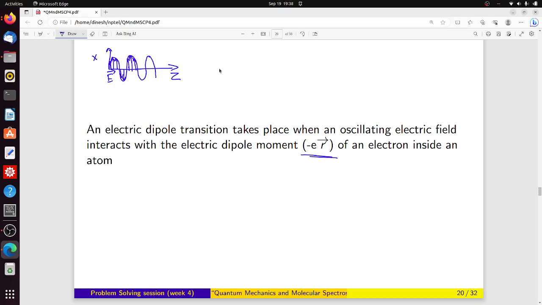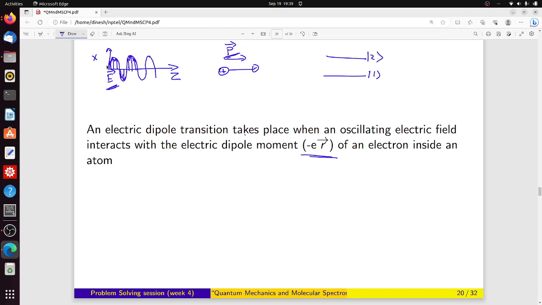So if we have a dipole with dipole moment, let's say P, I am denoting this P, then the interaction of the electric field of this radiation with this dipole moment is called dipole transition. When this interaction results in a transition between two states, then this process is called electric dipole transition. Okay.